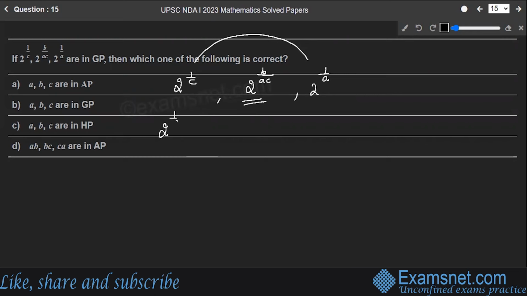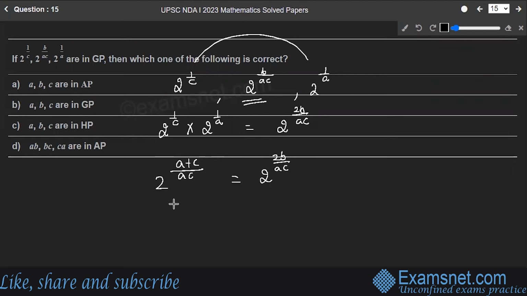So 2 raised to power 1 by c multiplied by 2 raised to power 1 by a is equal to 2 raised to power 2b upon AC. Bases are same, so powers will be added. This will be a plus c upon ac, and this is equal to 2 raised to power 2b upon ac.